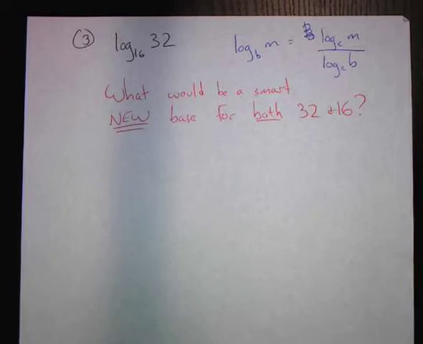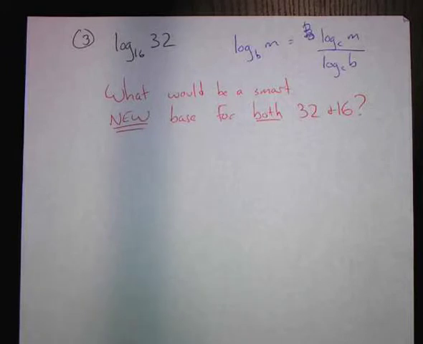Basically, what number could we use as a base that would yield a 32 and a 16? Could we use 3? Could we use 4? Well, no. Hopefully you're coming up with 2.